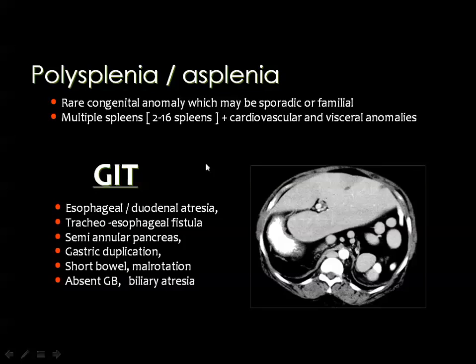These are rare congenital anomalies which may be sporadic or familial, and in cases of polysplenia, you get too many spleens at the original site of the spleen. As you can see in this case, this is the site of the spleen, and you get many soft tissue masses representing multiple spleens.